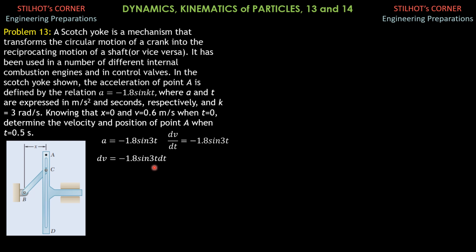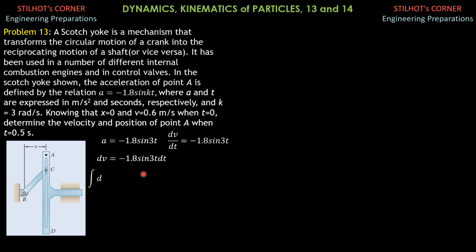Integrating, we divide by 3 because if we imagine that 3t is u, the differential of 3t with respect to t is 3 dt. That's why we divide the right side by 3.